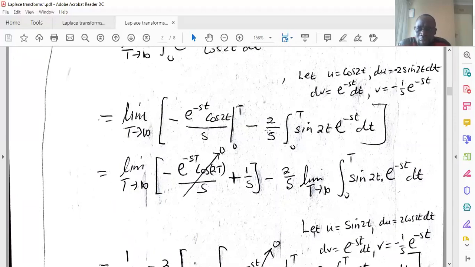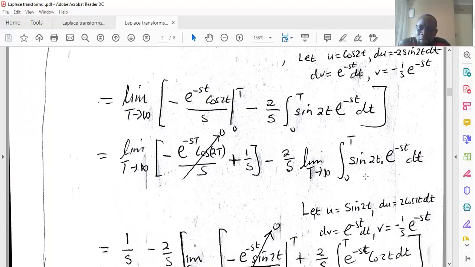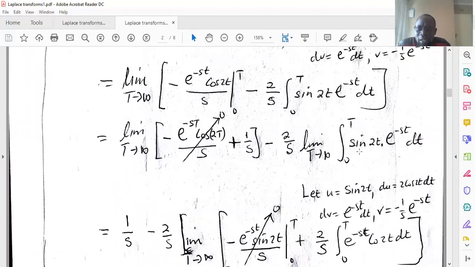So then here we have minus 2 times the limit as t approaches infinity of the integral from 0 to t of this. So we need to do another round of integration by parts, choosing our u as sine 2t, and our du now becomes 2 cos 2t dt, and dv as usual, we chose the same here, and we will know what v is.